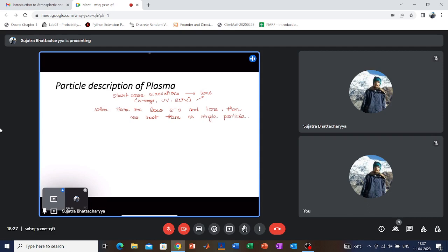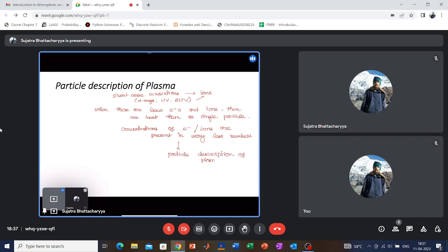So when we are considering the particle description of plasma, whenever the concentration of electrons or ions is present in very less number, then only we consider it to be a particle description of plasma.